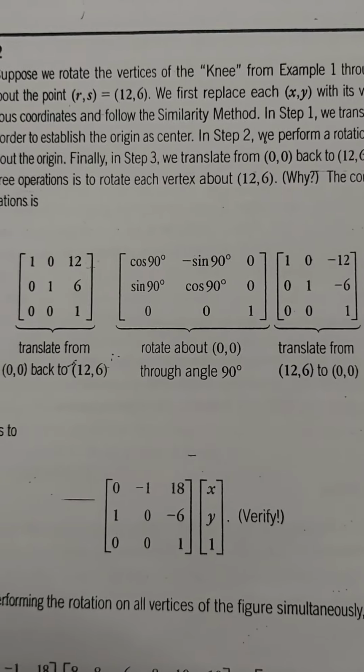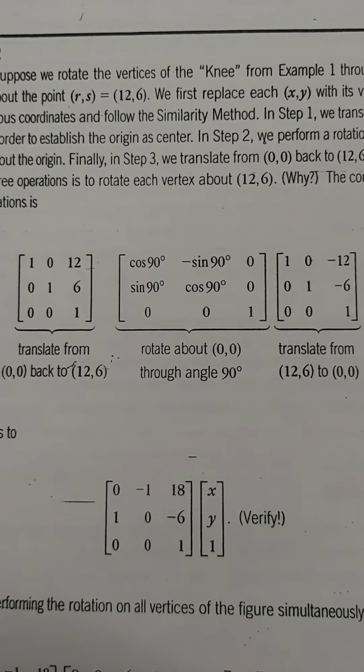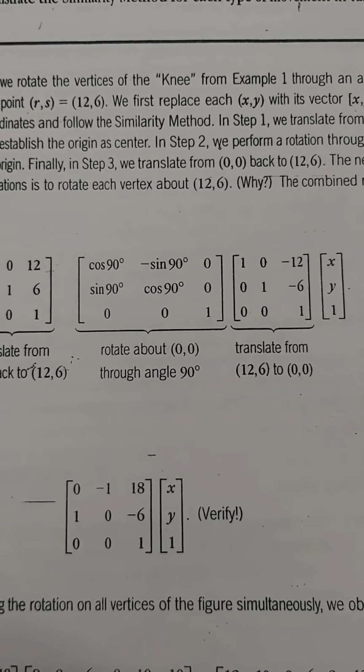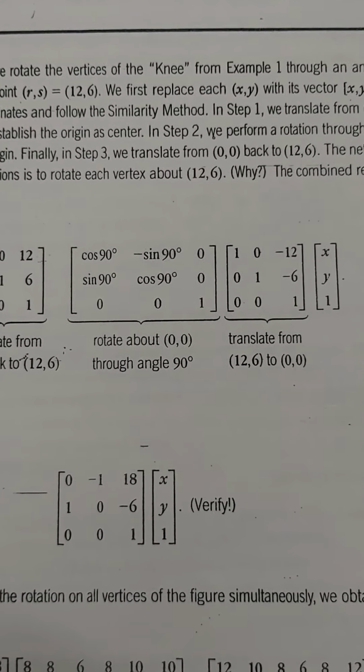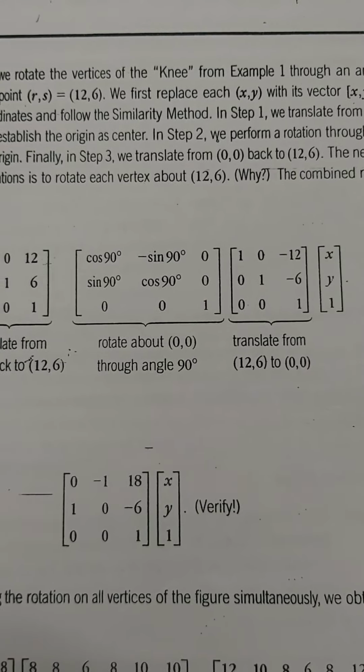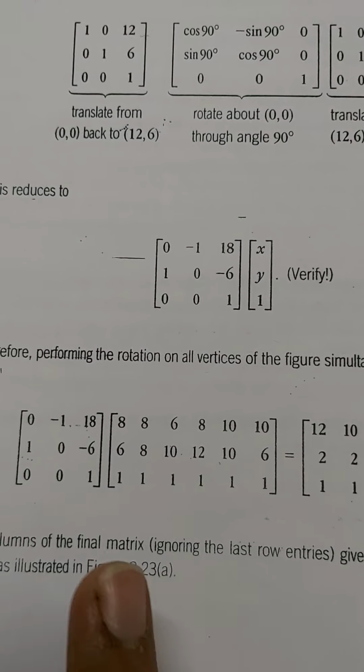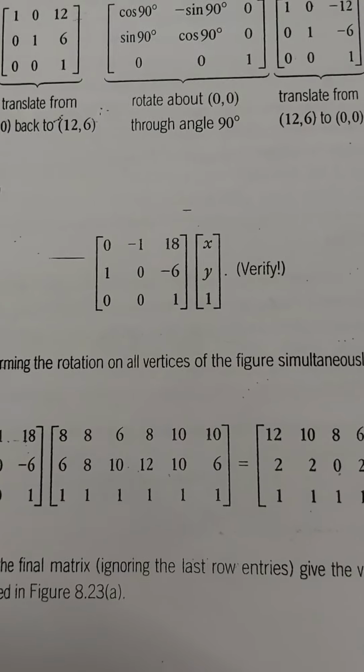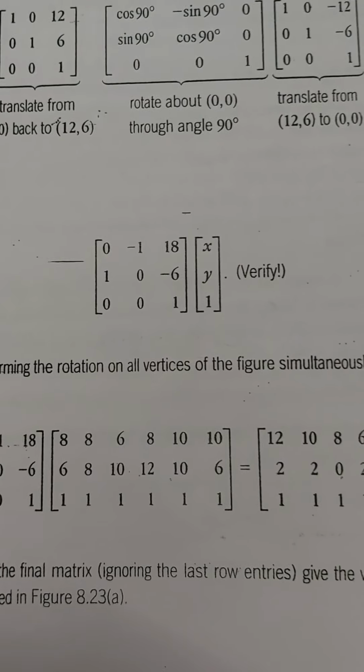Now the multiplication of these three matrices is 0 minus 1 18, 1 0 minus 6, 0 0 1. Clear? If you multiply these three matrices, you will get this matrix. We have to apply this matrix on every vertex, so every vertex xy is written as xy1. Now, what is our knee matrix? This is the matrix which represents the knee.